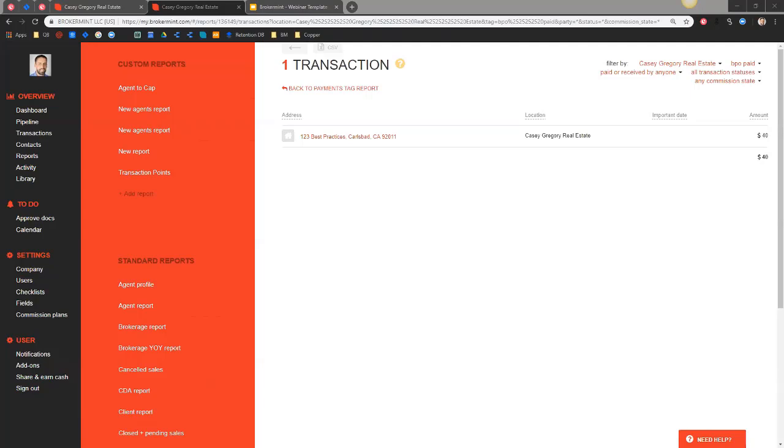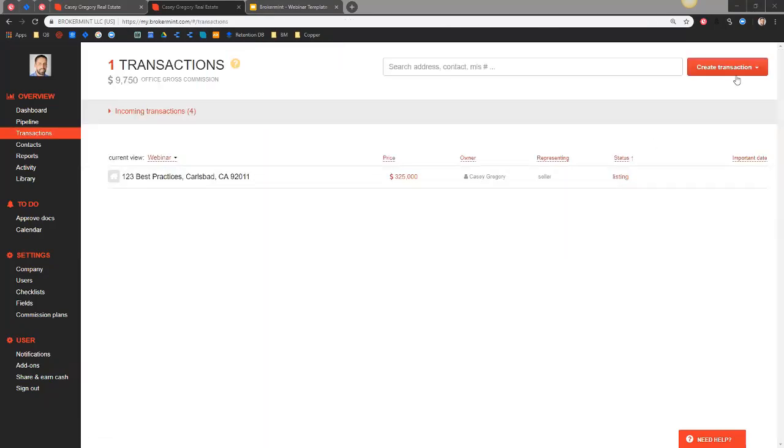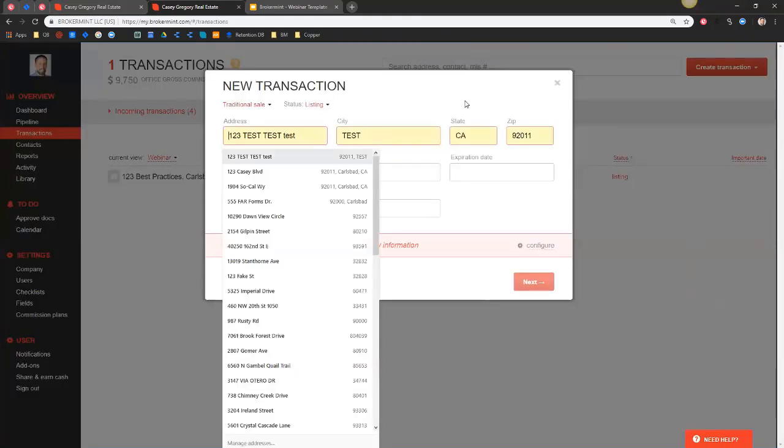Now, we have another one come in, and this is from Leanne. How do you do shared commission with another agent? So co-listings. All right, so yeah, we can define how to split up deals between agents. And when we do that during the transaction creation process, or we can do it later in the transaction as well.